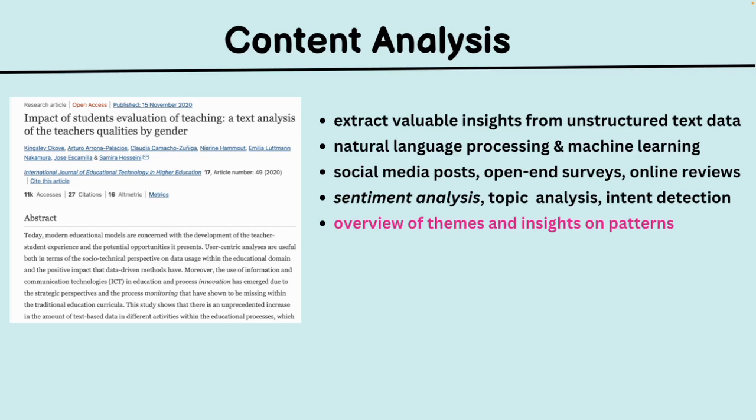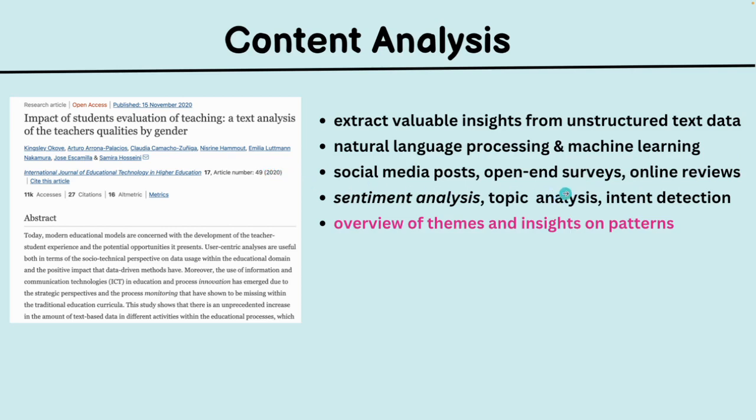But now we can use natural language processing, or NLP, and machine learning that allow us to analyze social media posts, open-ended surveys, online interviews, anywhere that people are providing textual responses.